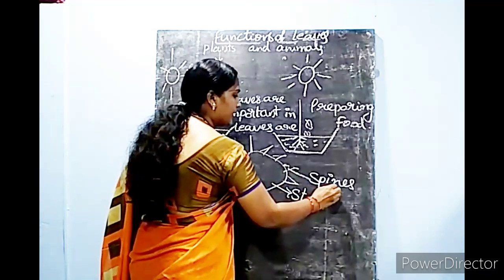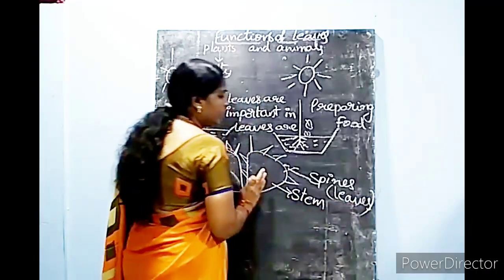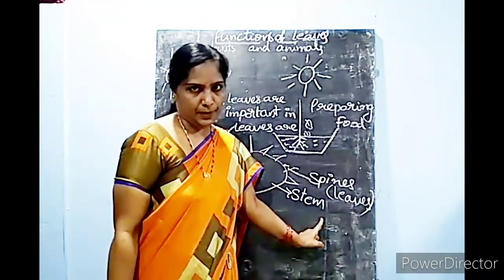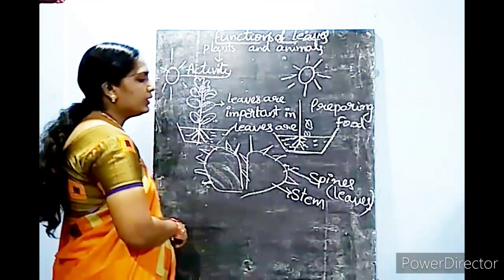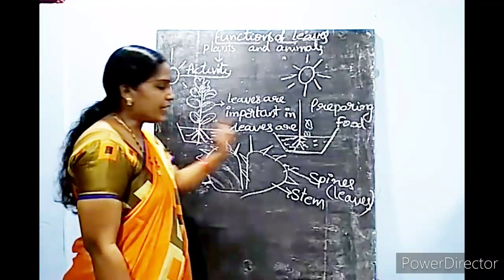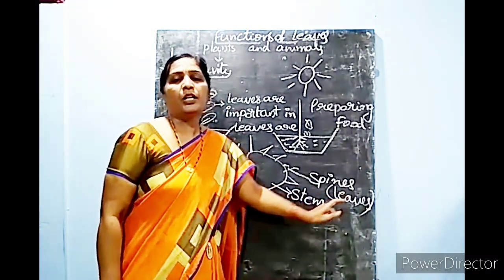The spiny spines are leaves, and what is actually appearing like a leaf is the stem part. So here the leaves are changed into spines. The leaves are modified into spines.